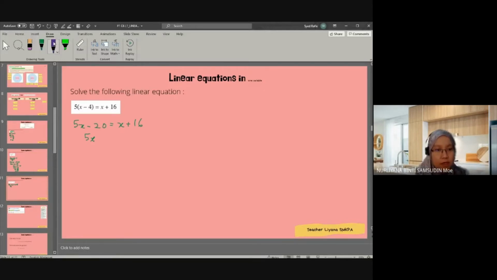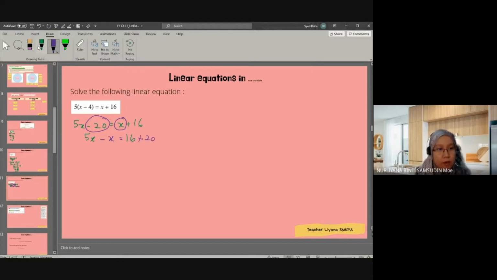Here we have x. x is positive because no negative sign here. When we move to the other side, it will become negative x. Now here we have 16. Now we want to move this negative 20 to the other side, meaning plus 20.